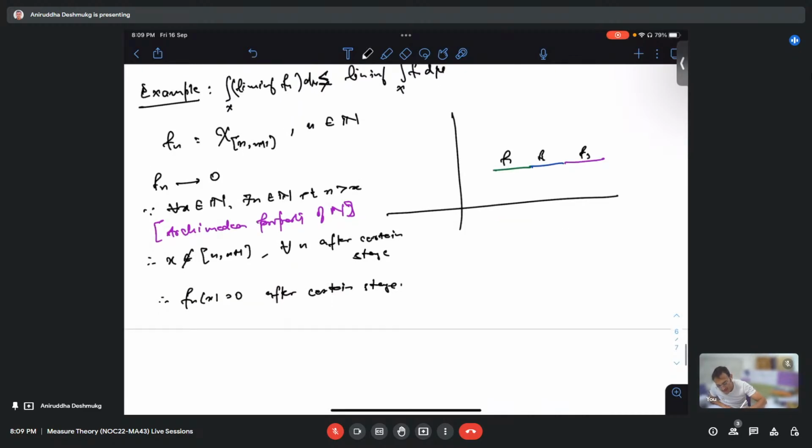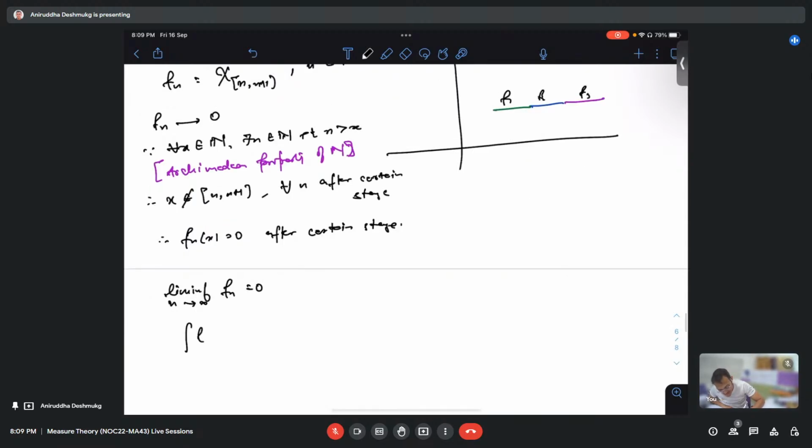Now with this in mind, since f_n converges to 0, the liminf is the same as 0. And hence the integral of this liminf d mu over R is 0, which is strictly less than 1.